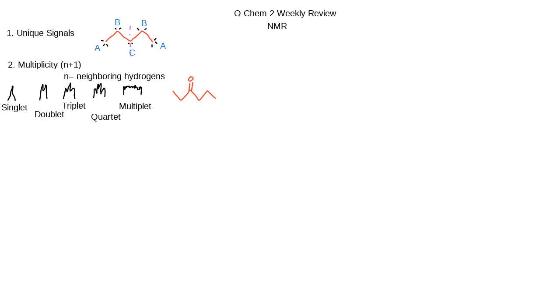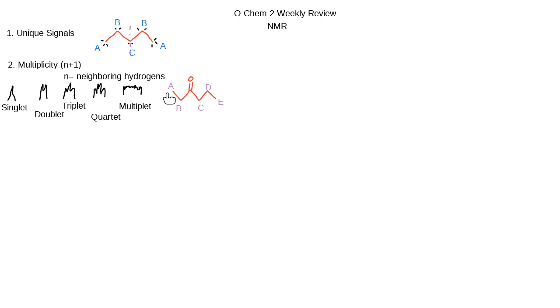So I'm going to label them by letters. A, B, C, D, E. Okay, so we have 5 unique sets of hydrogens, and now we're going to take a look at each of the multiplicities.